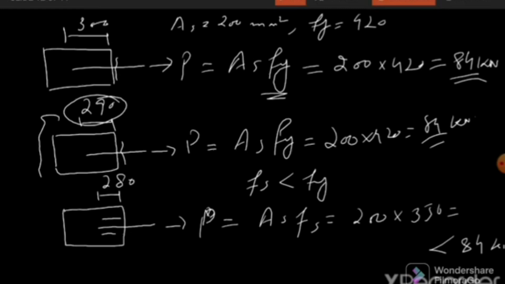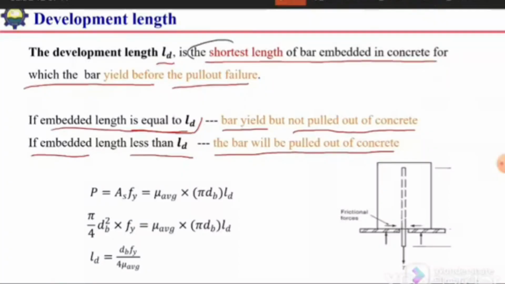And if we go on increasing the length, it will not give us any benefit. So this minimum embedded length at which we get our desired result is termed the development length. That's why we say that it is the shortest length at which the yielding of the bar occurs before the pull out.